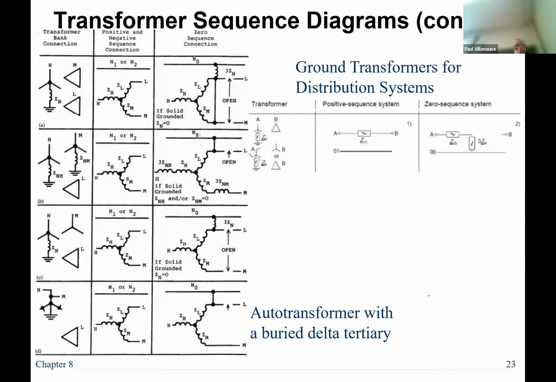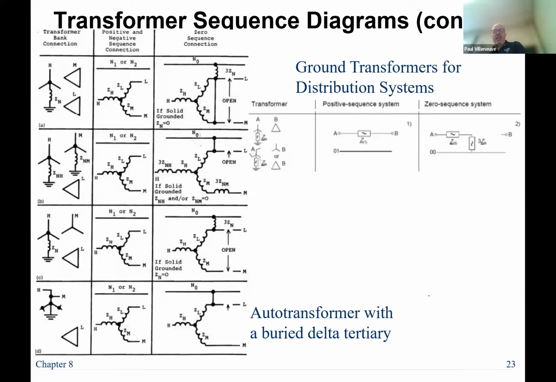Because I know you all love information, I added this on, which has a few more. So 3-winding transformers. You can see the 3-winding transformer and its zero sequence connection. You can see the 3ZN, right? Then you actually have another 3-winding transformer. You have 2 grounded Y windings and a delta. Again, you can see the neutral connection up above.